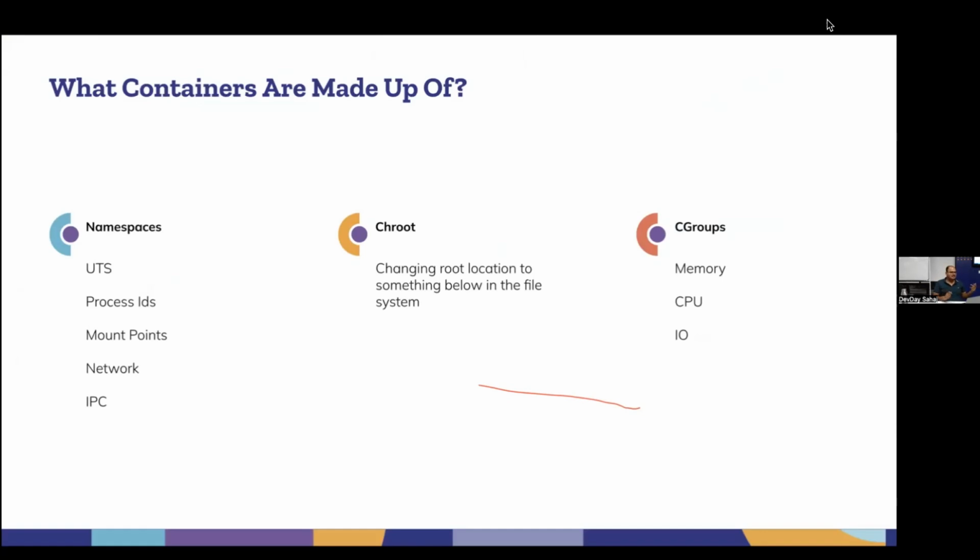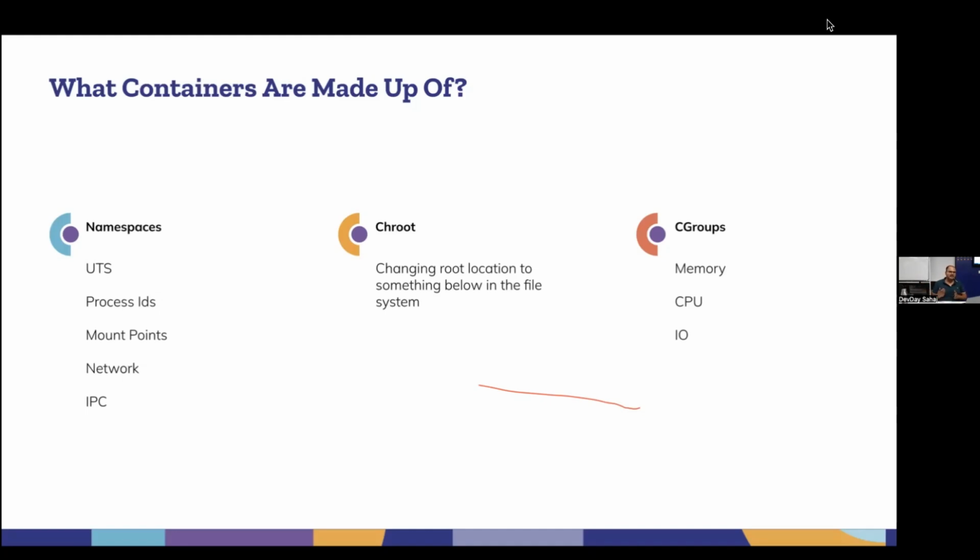Then the second one is for the process IDs. Process ID is basically whatever you are running inside the container. If you run a ps on a host, you will see a different output of the ps, right? So that means there is a separation of the process IDs as well. Then mount points. The mount points are different on your host compared to a container. Network is also different.